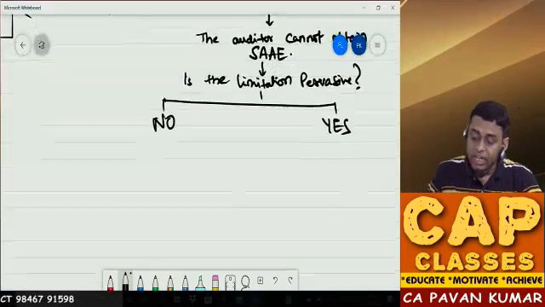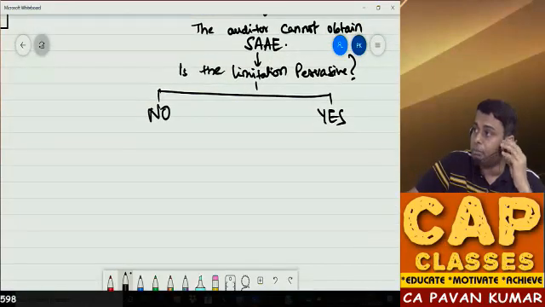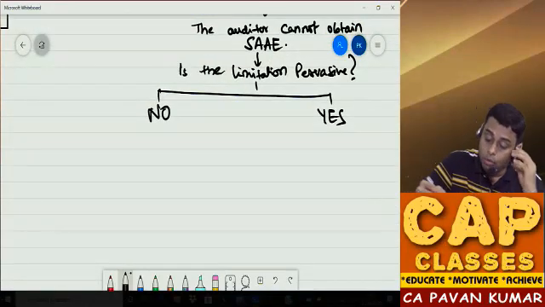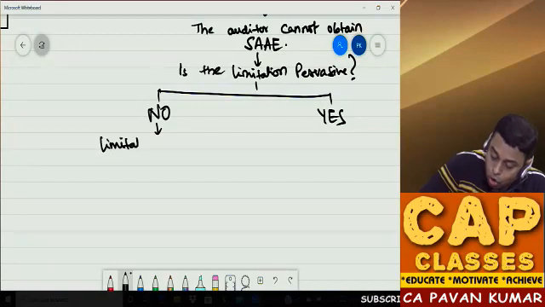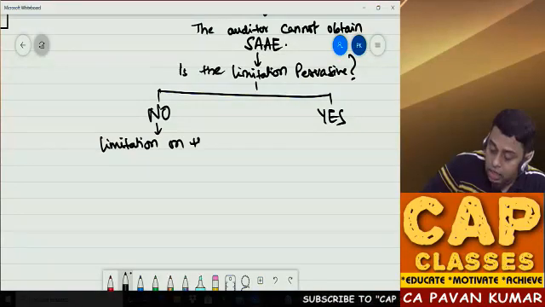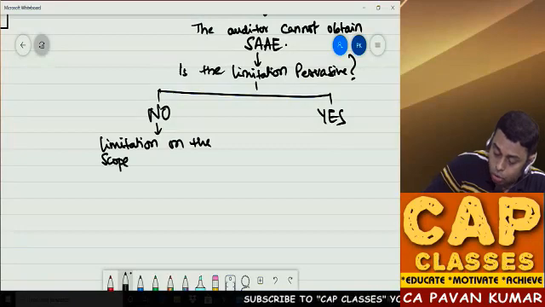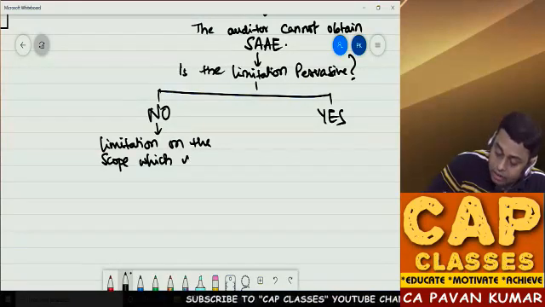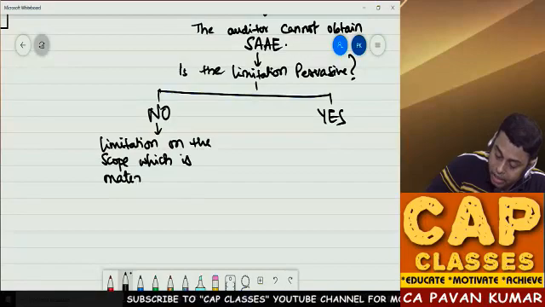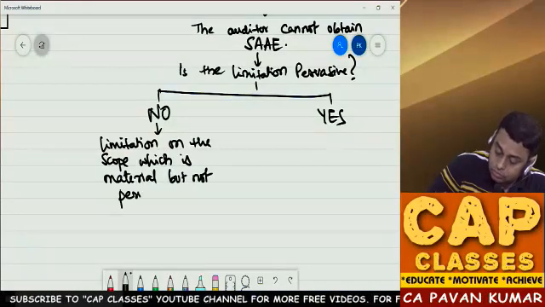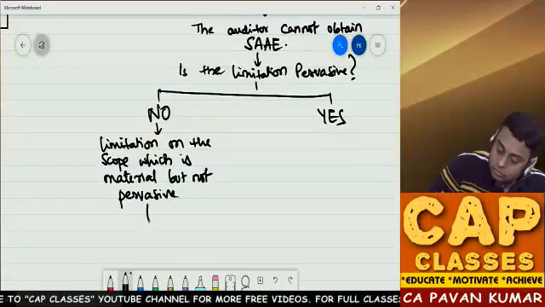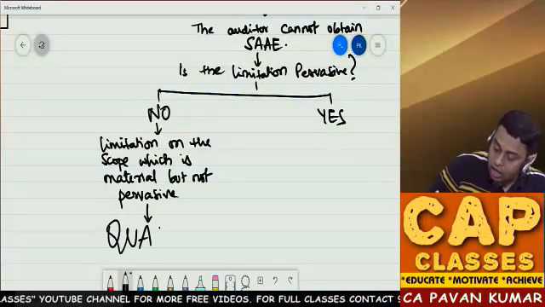On the left side, if the limitation is not pervasive, what does it mean? That means there is a limitation on the scope which is material but not pervasive. Then what will you do?